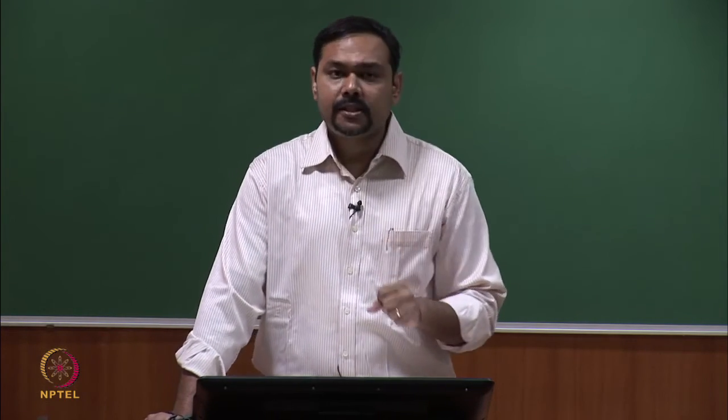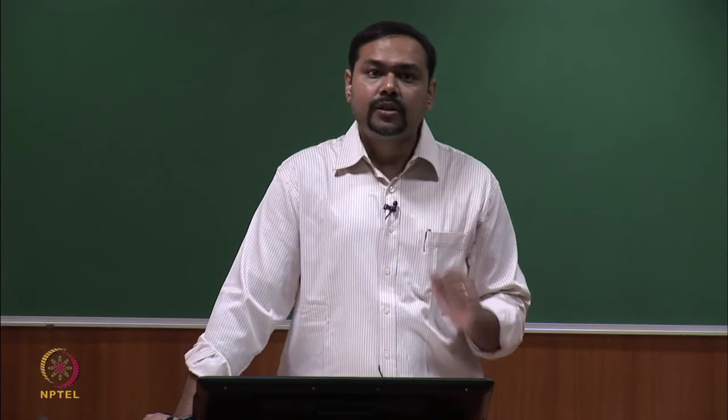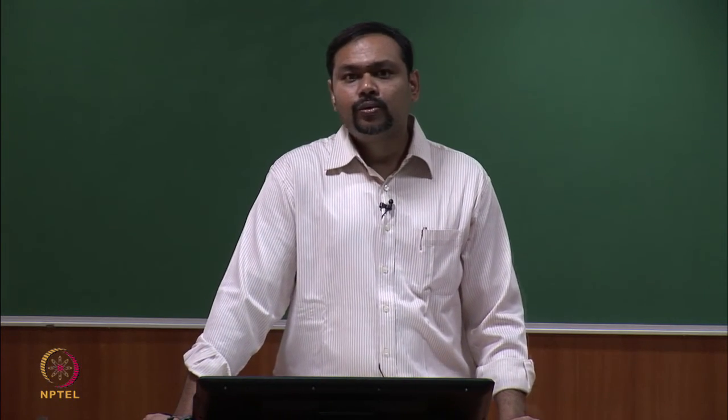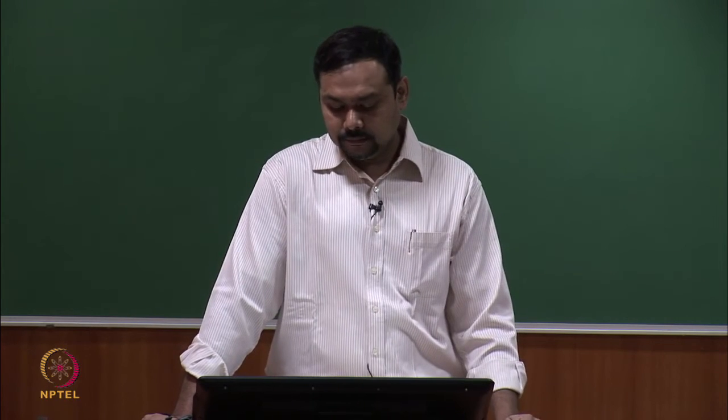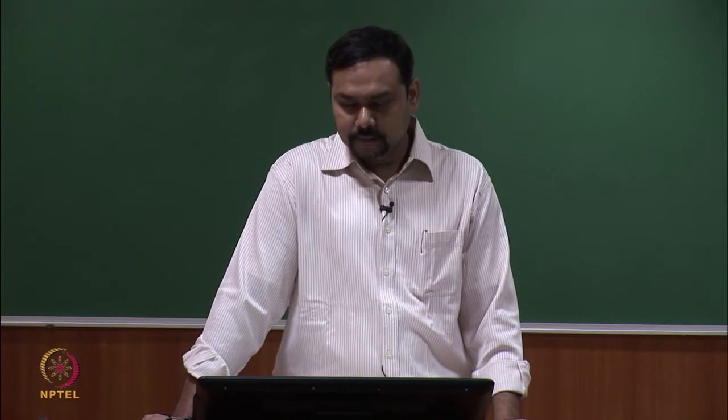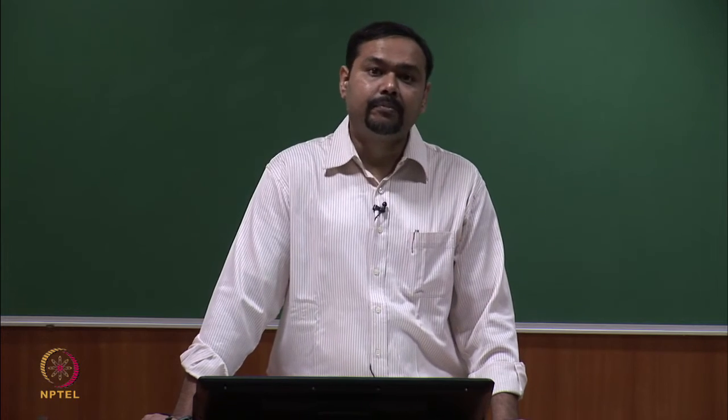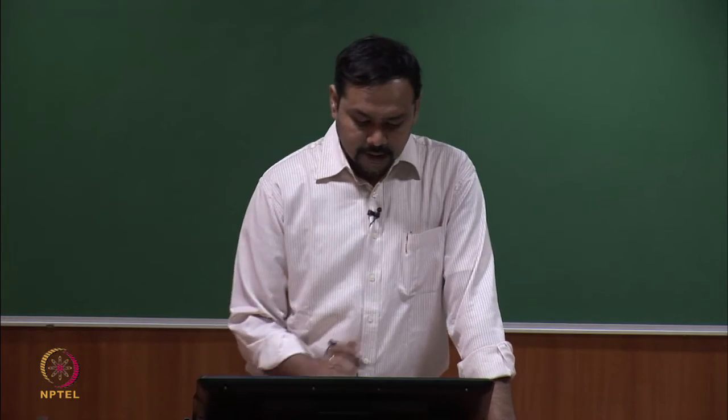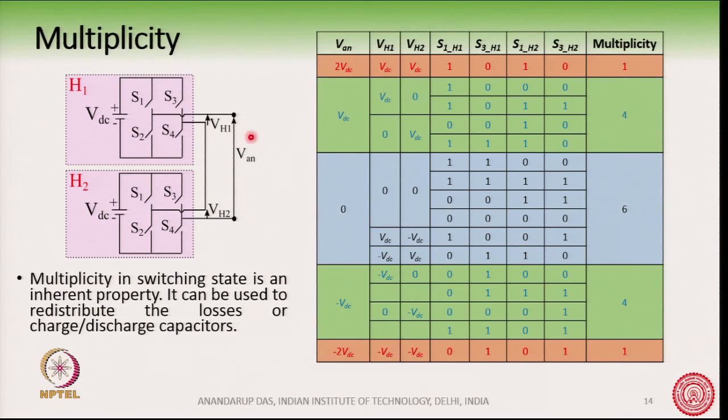Now, these multiplicities can be used there to charge or discharge the capacitors, or it can bypass. For example, suppose we take this example, where we would like to get VAN equal to VDC. Now, you see that in one case VH1 is VDC and in the other case VH1 is 0.